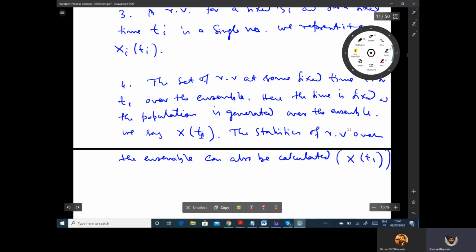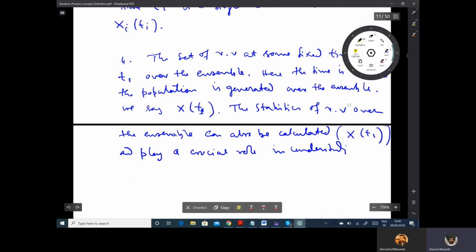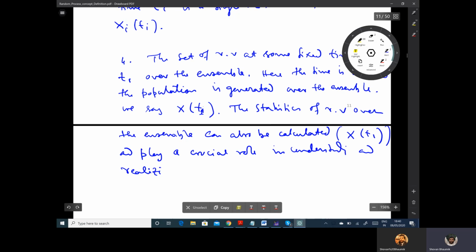It can be calculated. Statistics play a crucial role in understanding, realizing, or characterizing a random process.